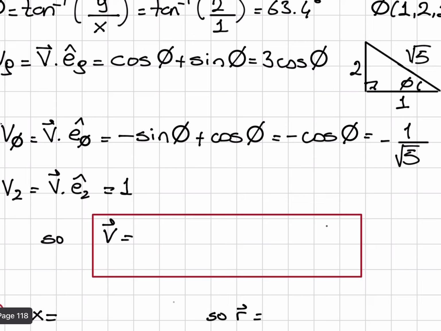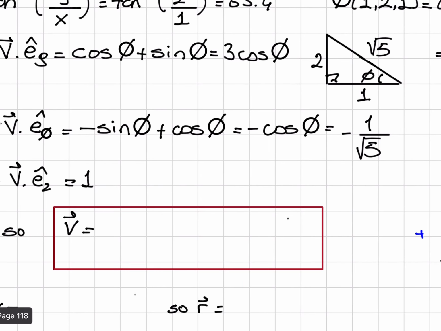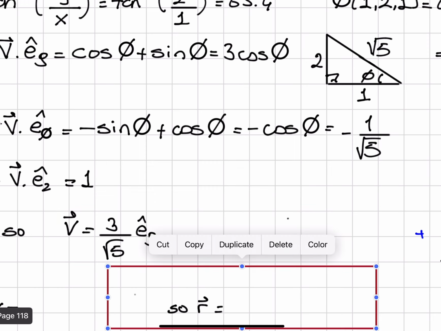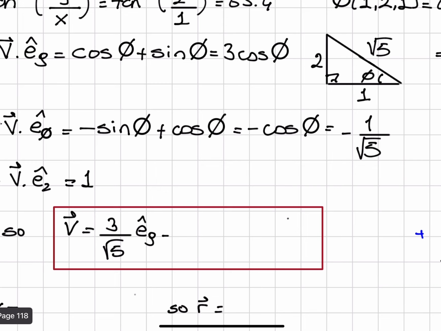The rho component is 3 over square root 5 in e rho hat direction, then we have minus 1 over square root of 5 in e phi hat direction, and then we have plus ez hat direction.